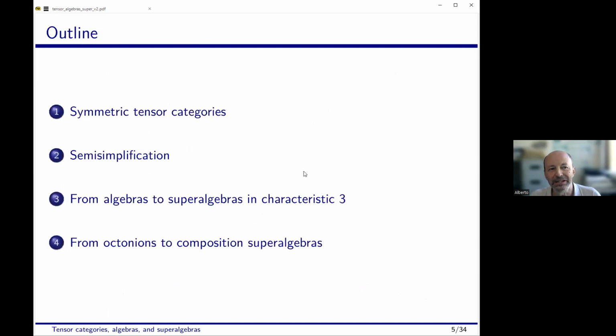So this requires reviewing a little bit about symmetric tensor categories, but part of the work has already been done thanks to the nice talk by Professor Yang. I will review the process of semisimplification of these symmetric tensor categories, and then I will give a recipe to go from algebras to superalgebras.